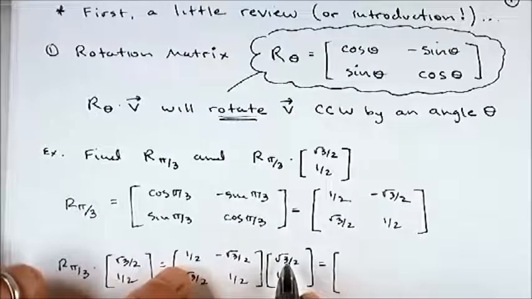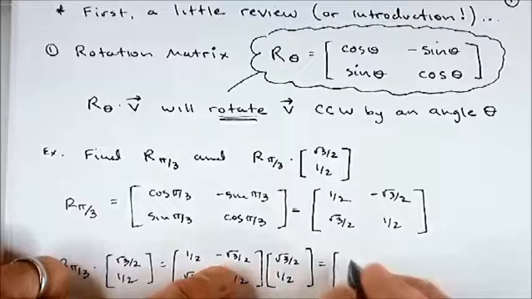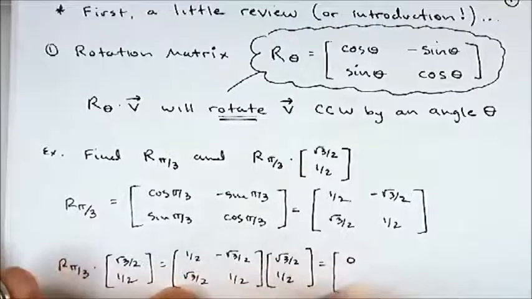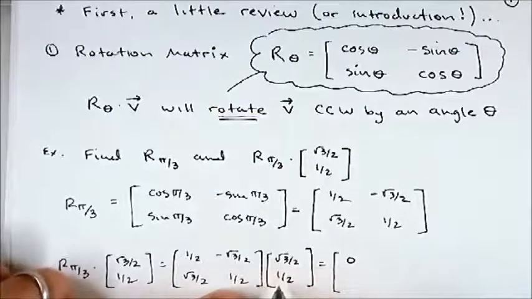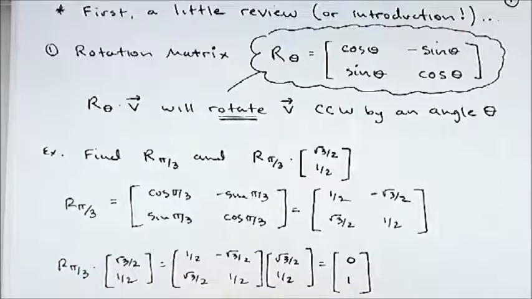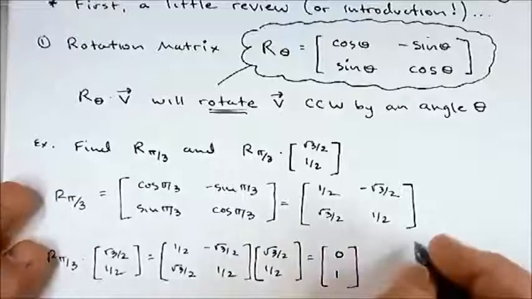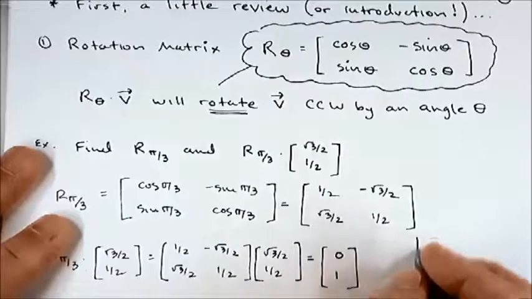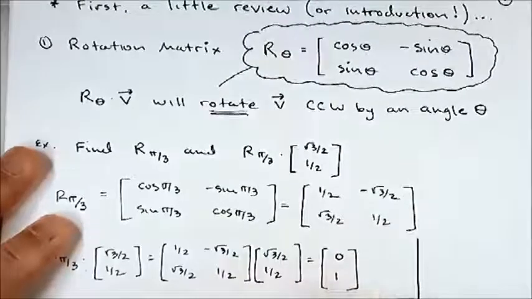You end up getting root 3 over 4 minus root 3 over 4, so I end up getting 0 for my x component. Root 3 over 2 times root 3 over 2 is 3/4, plus 1/4 gives me 1. And you really need to see what just happened here to appreciate this. So let me draw some axes here.